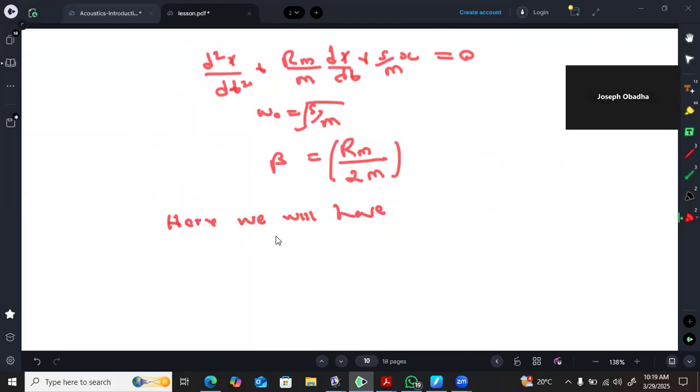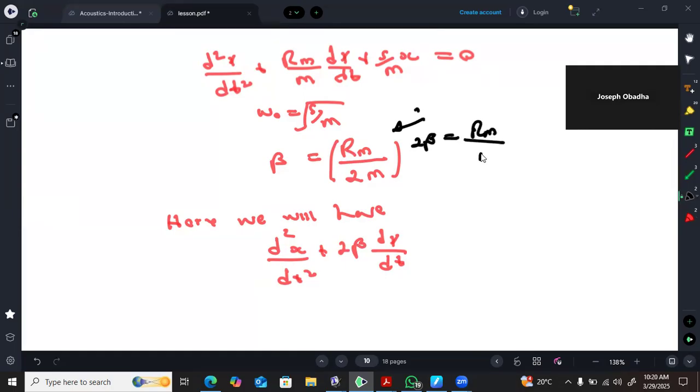Hence, we'll have d squared x by dt squared plus 2 beta dx by dt. As you can see, beta is equal to this, or from here you can see 2 beta is equal to Rm over m, by multiplying this by 2 and by 2.